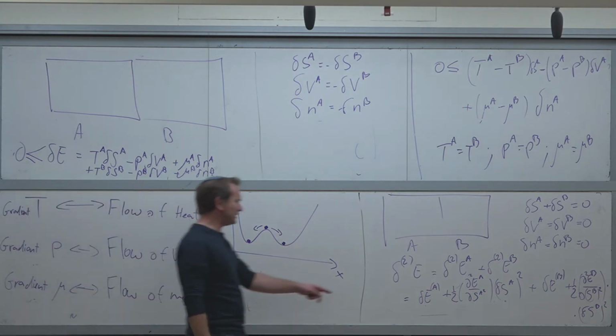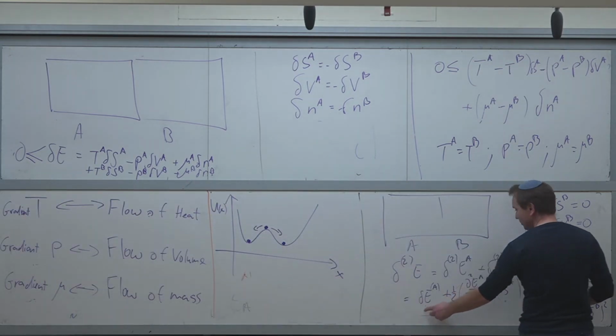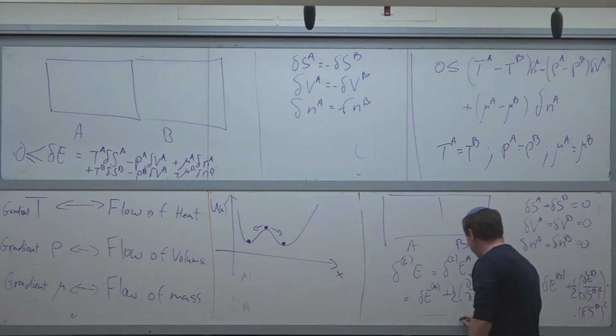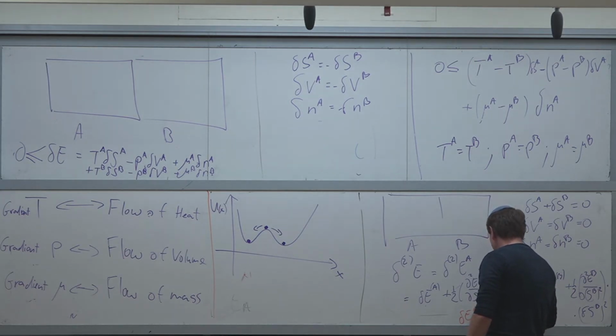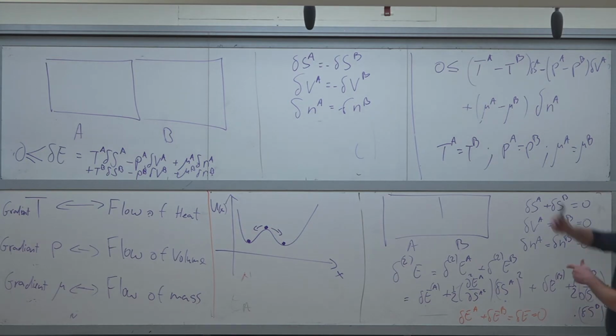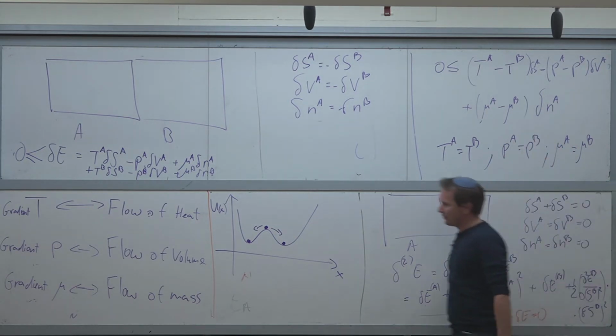Now, delta E_A plus delta E_B are around a maxima. They are delta E_A plus delta E_B equals delta E, and we know that it equals 0 from this equation up here.